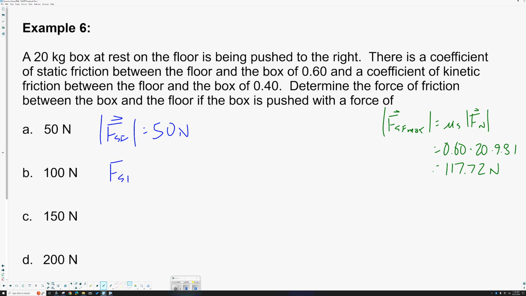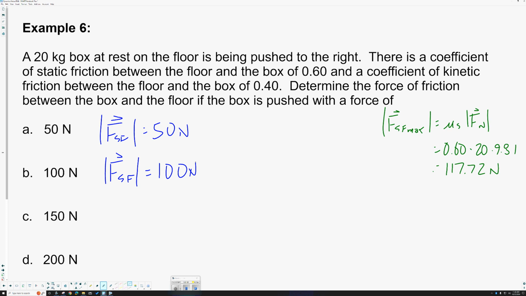Static friction. Okay. What is the value of static friction here? Not 117. That's the maximum possible value. What is the actual value? 100. Static friction is just however hard it needs to be. It just responds to what I'm doing, right? It's the stubborn force of static friction. I push harder, it pushes harder, unless I exceed the maximum possible value.